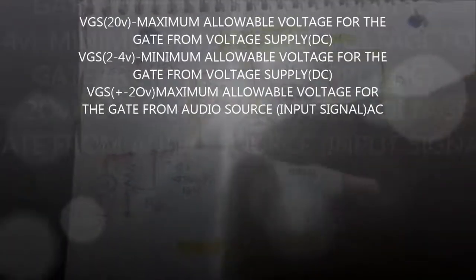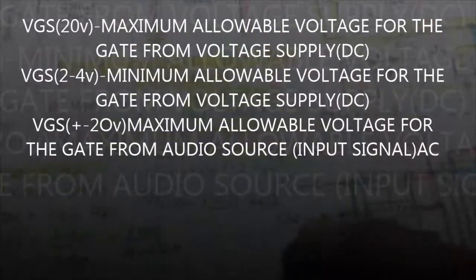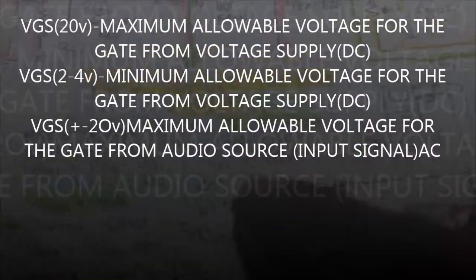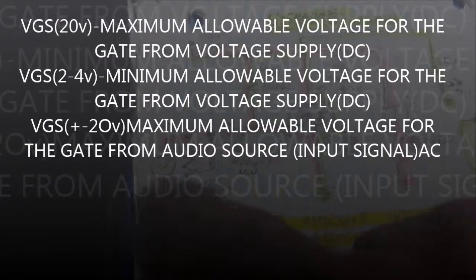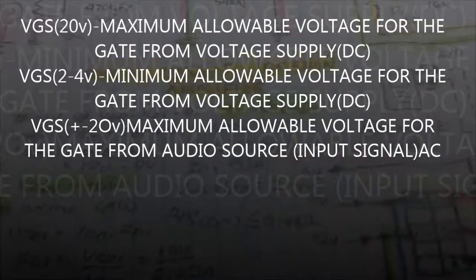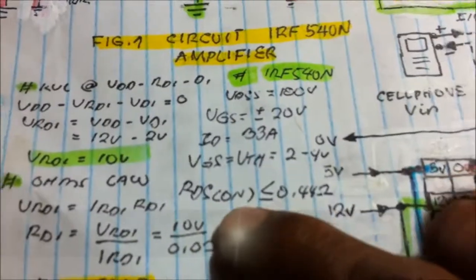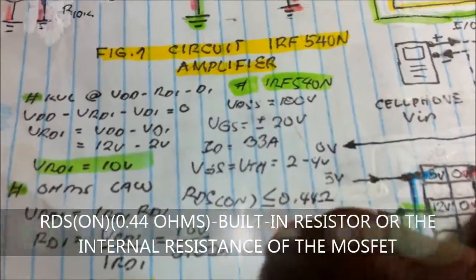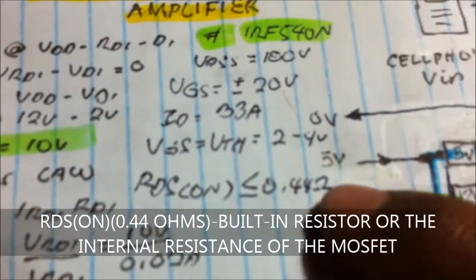And the maximum allowed voltage you can apply is 20 volts. And if we're going to use positive, negative, it means referring to the another signal source, AC signal, plus or minus 20 volts. And how about this? RDS on, less than or equal to 0.44 ohms.